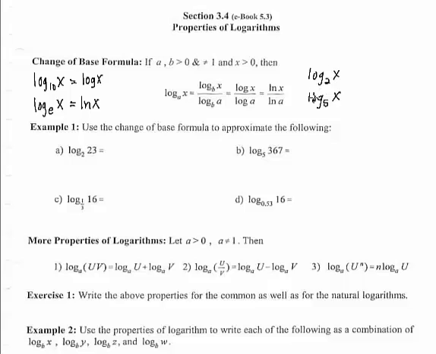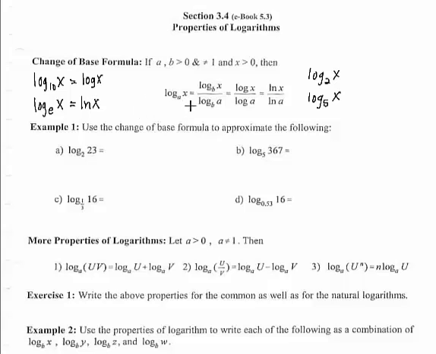More than likely your calculator doesn't have these logs with these particular bases, and so that's where this first part of this section comes in. It tells us how to change the base to go from a base of 2 or 5 to one of the standard ones, 10 or e.